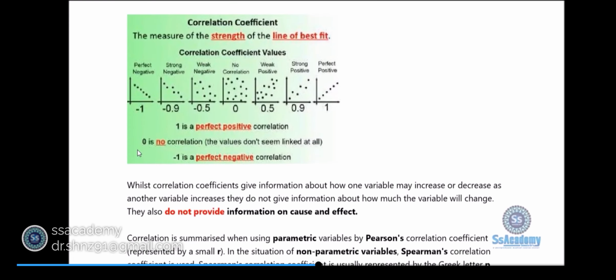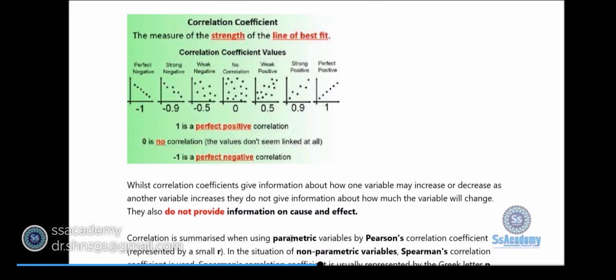Correlation is summarized, when using parametric variables, by Pearson's correlation coefficient, represented by a small r. In the situation of non-parametric variables, Spearman's correlation coefficient is used. Spearman's correlation coefficient is usually represented by the Greek letter rho, or by rs.